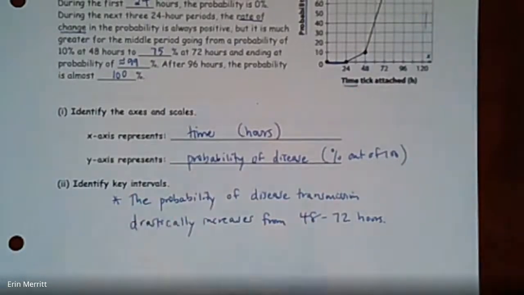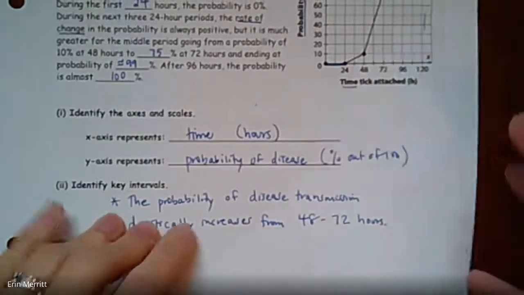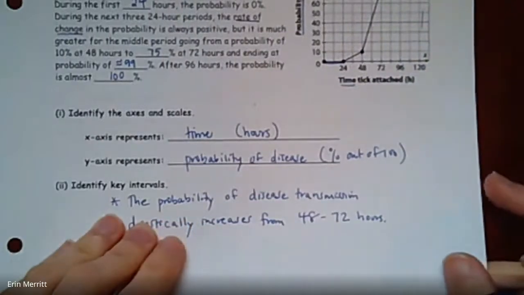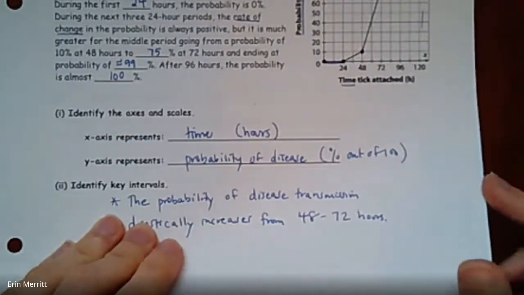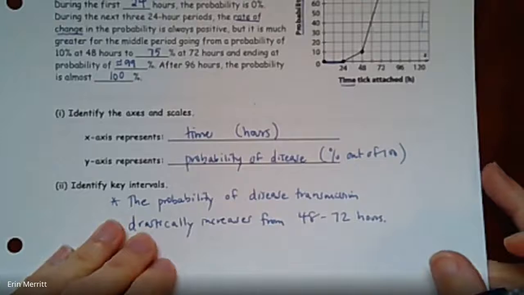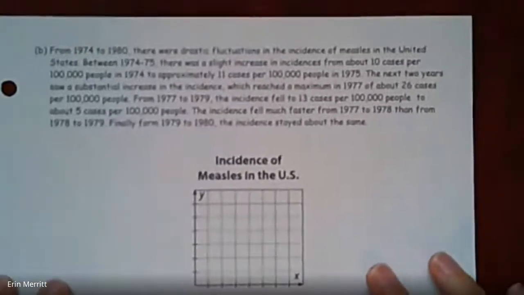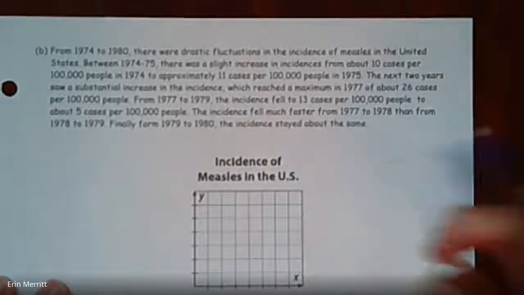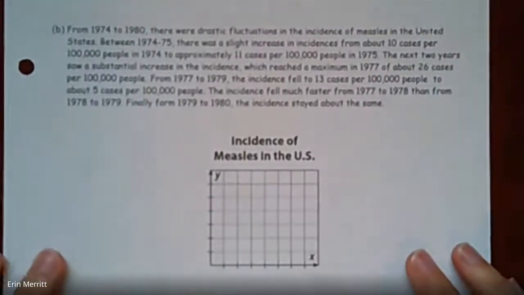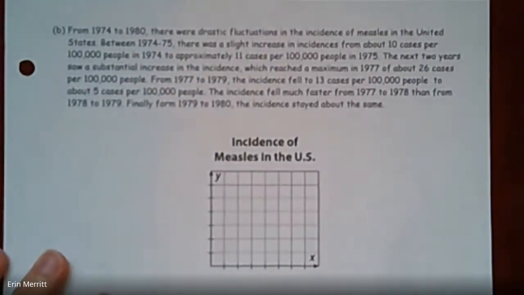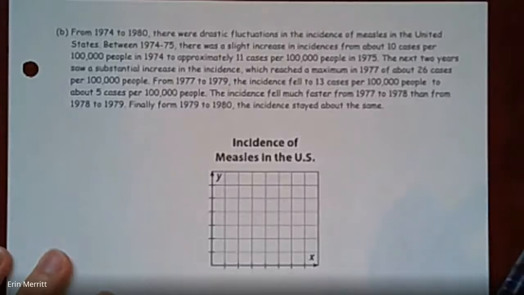The very last one, I would like to at least get started on the last one together. It is a similar question, just as uplifting as this last one, but we're creating the chart ourselves. So when you look at the last page, here we've got the incidence of measles. Unfortunately, when you use real data, some of it's sad stuff. They don't really make data charts of rainbows and sunshine.